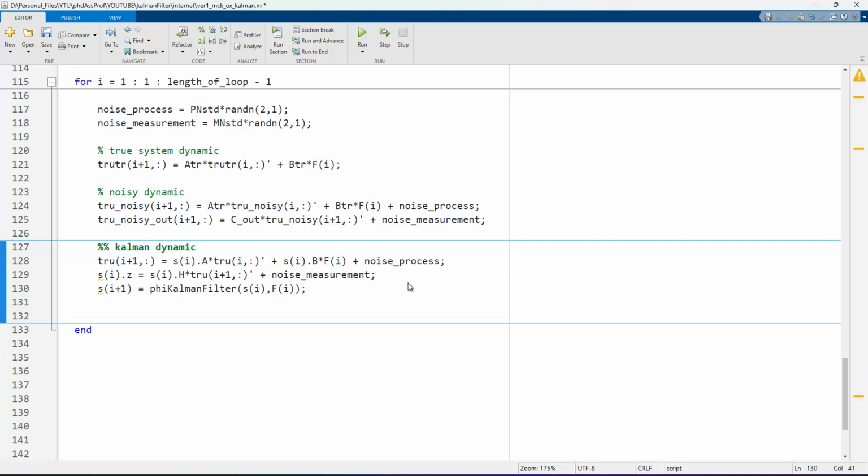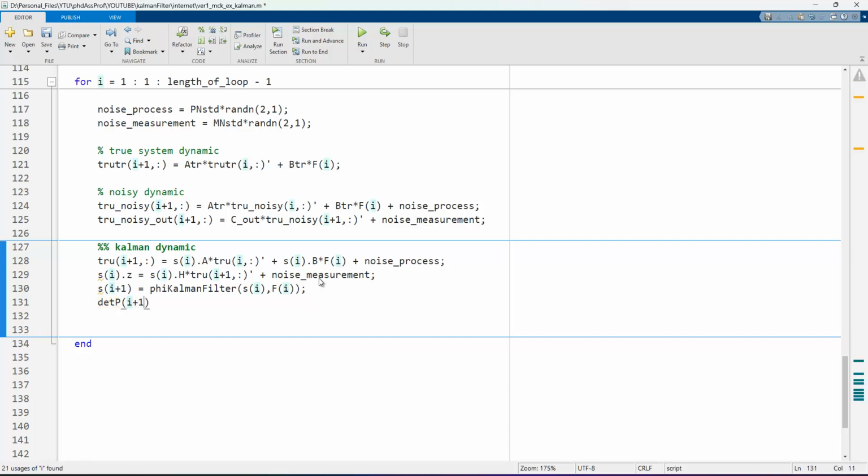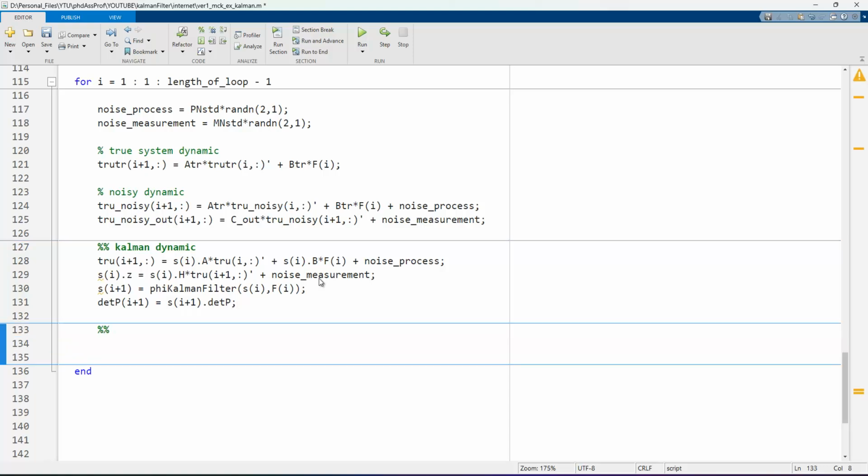Okay, we need to write this Phi Kalman filter implementation, and the P value (i+1) should be assigned as the determinant of P. Okay, and so the true output of the Kalman filter can be defined right now.